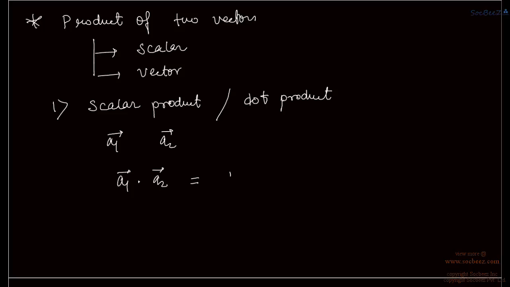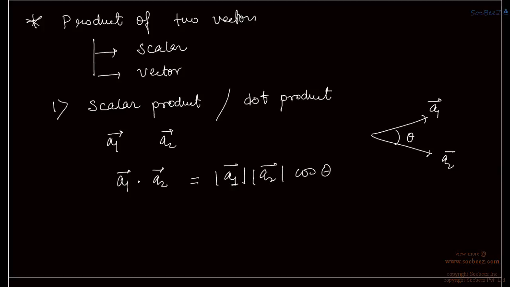Its value is the magnitude of A1 times the magnitude of A2 times the cos of the angle between A1 and A2. Say this is the A1 vector, this is the A2 vector, and this is angle theta. So A1 dot A2 is the magnitude of A1 times the magnitude of A2 times cos of the angle between the two vectors. So this is the dot product of two vectors.